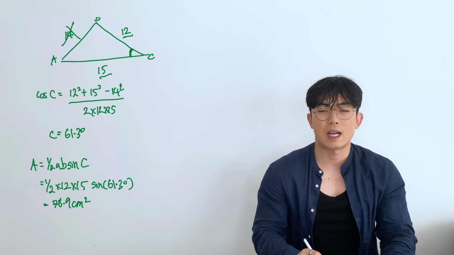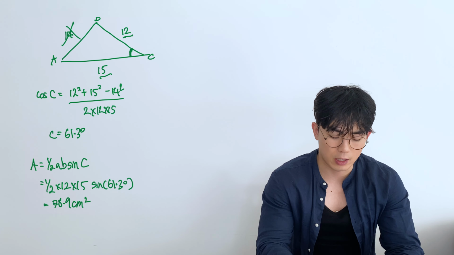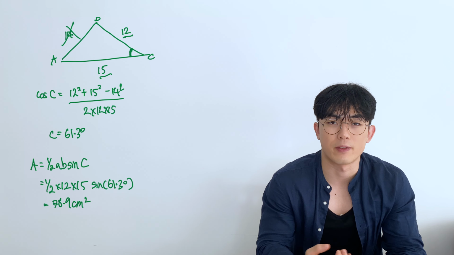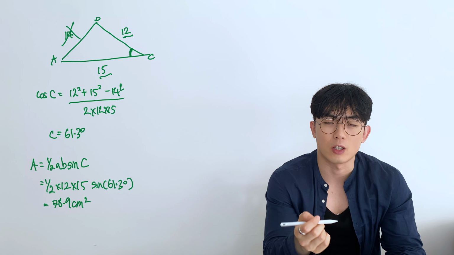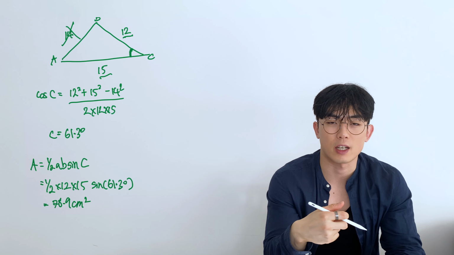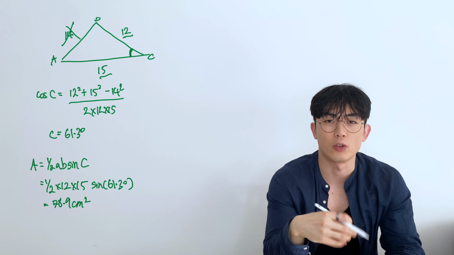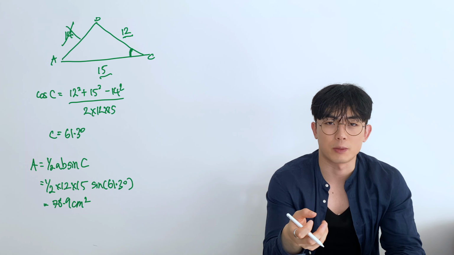So I just identified the right lengths to use in my equation, and then I found the answer. These triangle rules do get a bit more complicated as you go along, so maybe go back into your textbook or look at some past paper questions just to practice some more difficult triangle geometry questions.